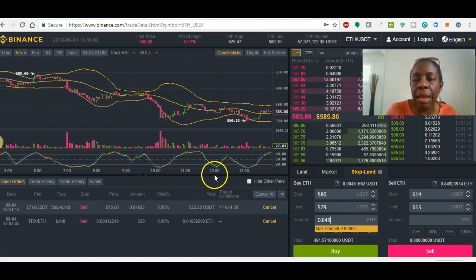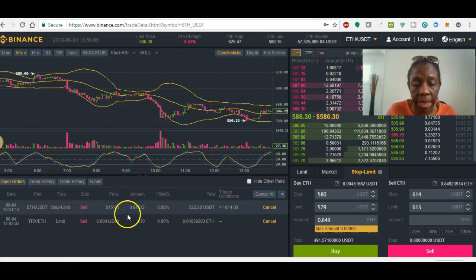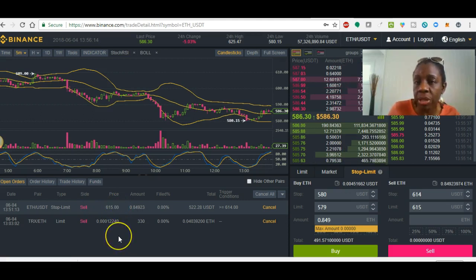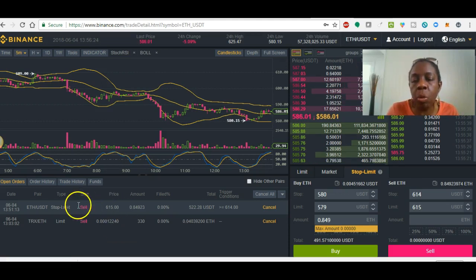Binance doesn't have the ability to set up an opportunity for you to take profit like we are doing here when the price of Ethereum goes up, and at the same time set a stop loss to ensure if the price goes too low, then you can get out of the trade. Binance is limited in that. It only allows you to set one of these orders.